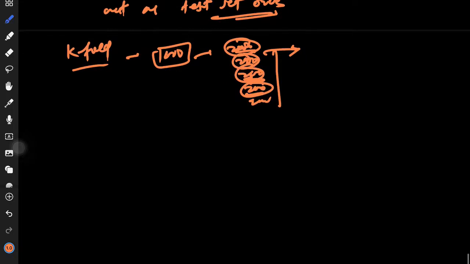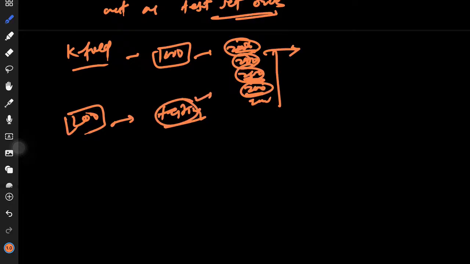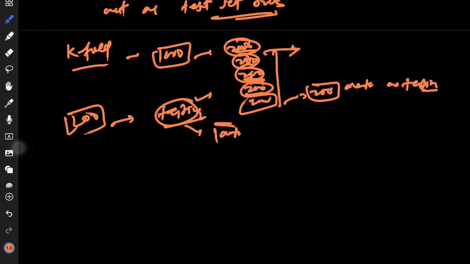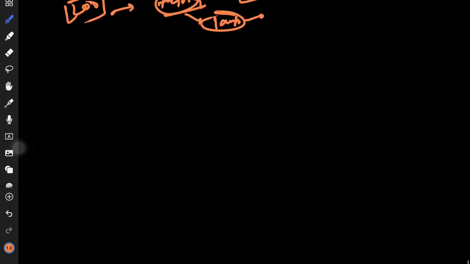But in leave one out, we use one data point as testing. Here we are using 200 data as testing, but there we are using one data as the test set. So this is the difference.